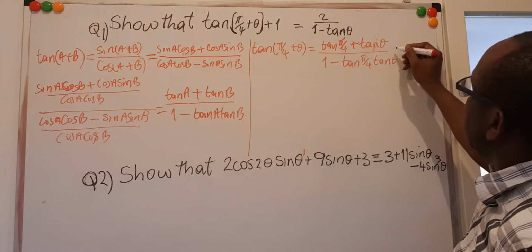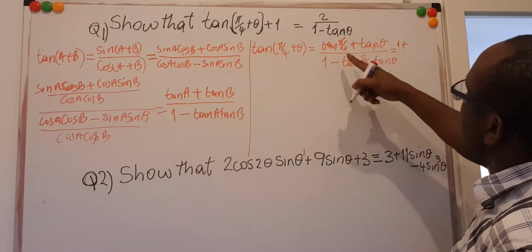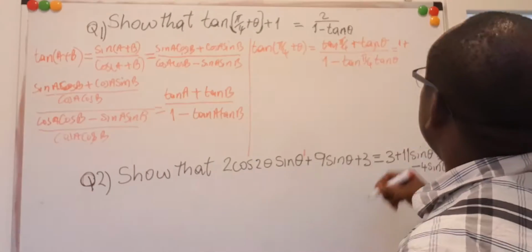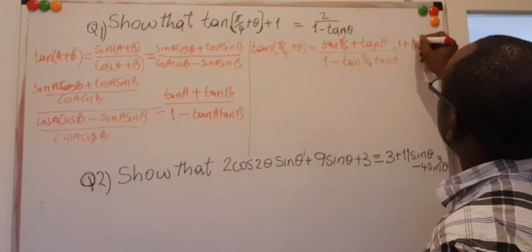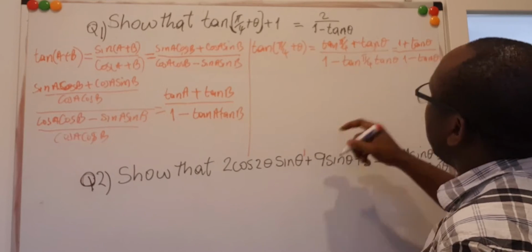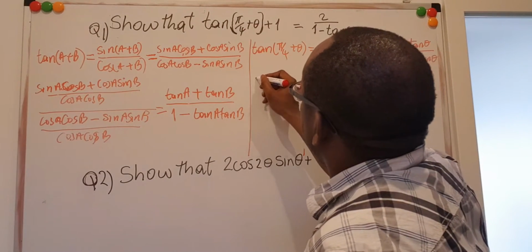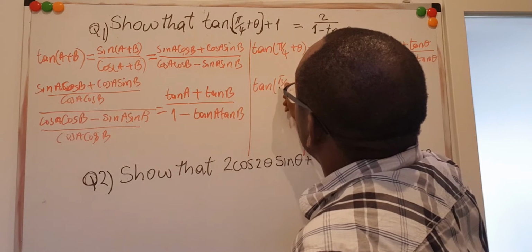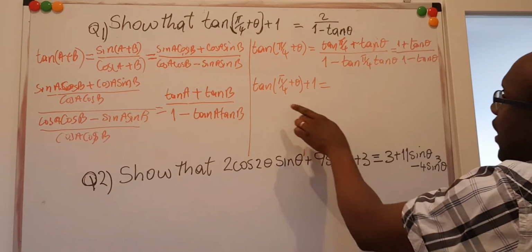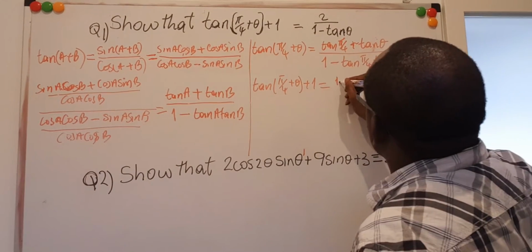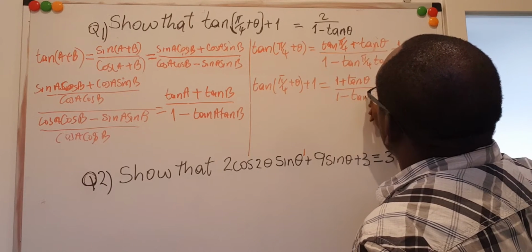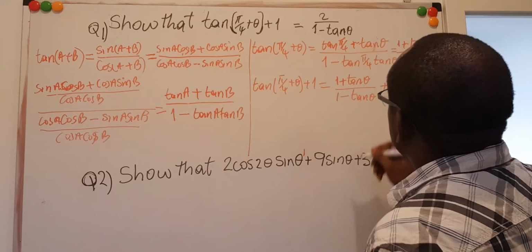If you arrange this well, you will see that this is simply 1 plus the tangent of theta, since tangent of pi on 4, that is 45 degrees, is 1, divided by 1 minus, this is also 1 here, the tangent of theta. So my left hand side was actually the tangent of pi on 4 plus theta plus 1. So I take this here, I put plus 1. So this is 1 plus the tangent of theta all over 1 minus the tangent of theta plus 1.